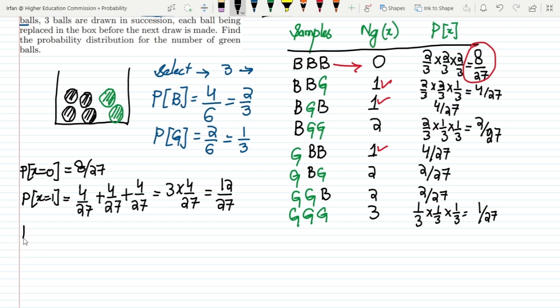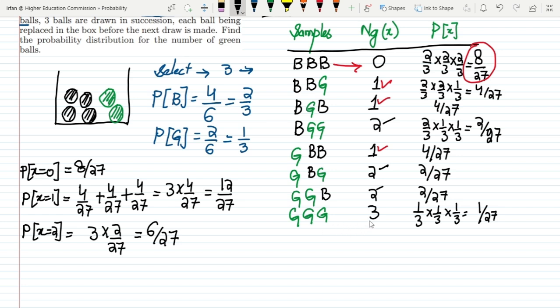For the probability that x equal to 2, I will have all the items where x equal to 2. So here this one and this, and for them all I have 3 multiplied by 2 by 27. So what will I have here? It will be 6 divided by 27.